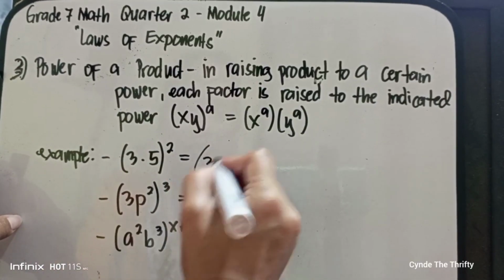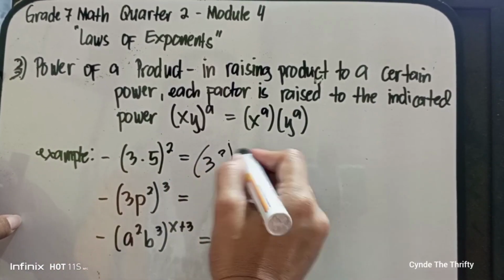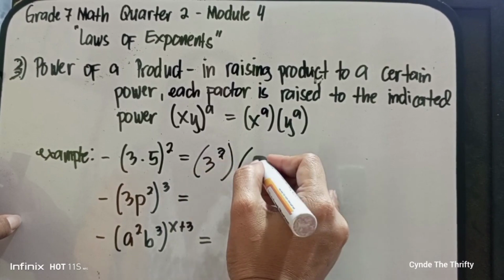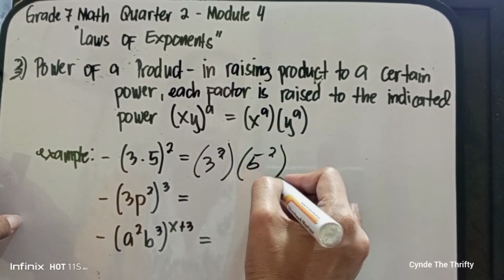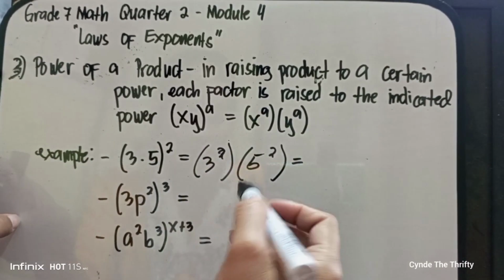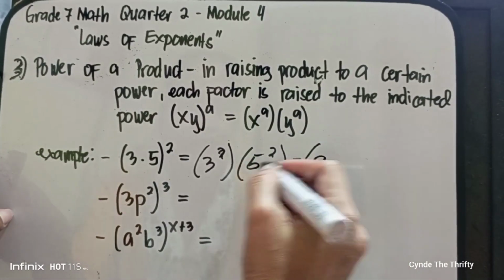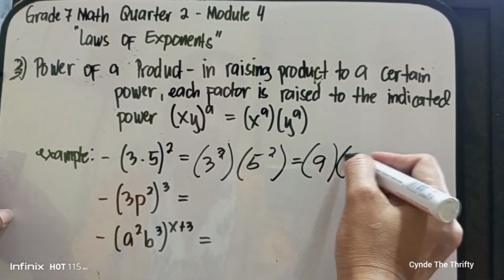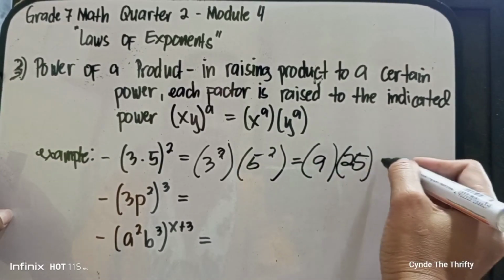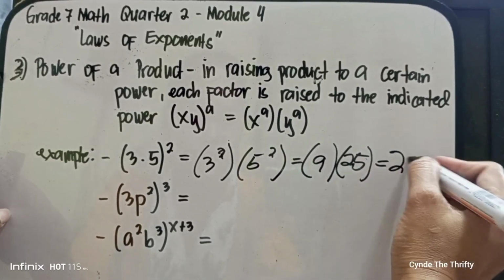So, magiging 3 squared multiplied by 5 squared. So, 3 squared is equal to 9. And 5 squared is equal to 25. And 9 times 25 is equal to 225.